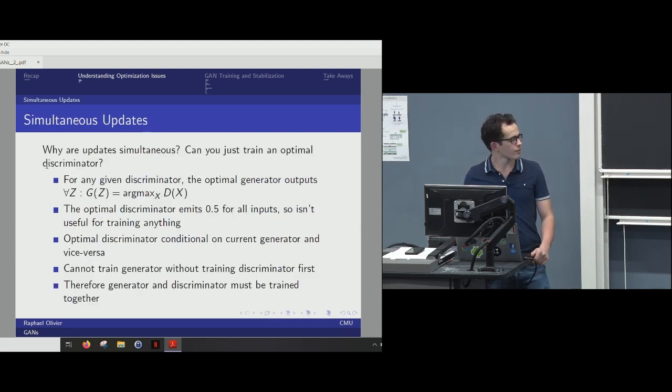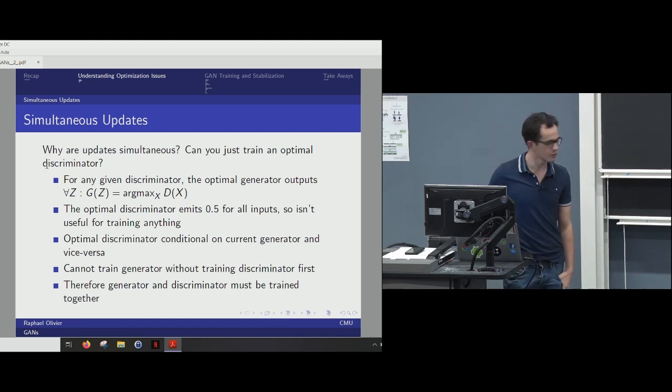Now you may wonder, if simultaneous updates are this difficult, are we really forced to do them? What would happen if you just train the discriminator until it's very good, and then you train a generator to fool this discriminator? What would you get if you were able to do that? Not even mentioning how hard it would be to get a good discriminator, you can just think about it for a second.